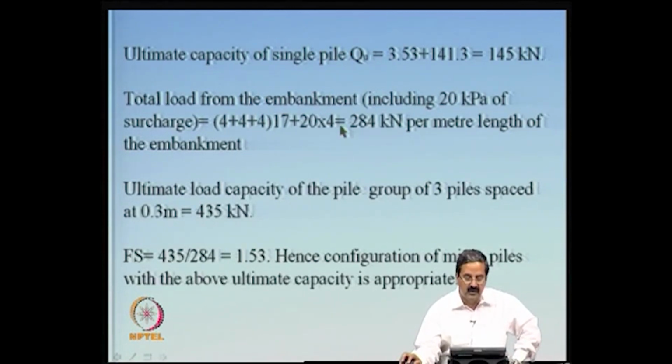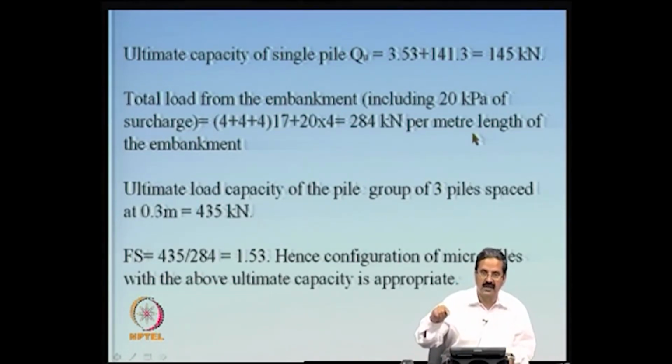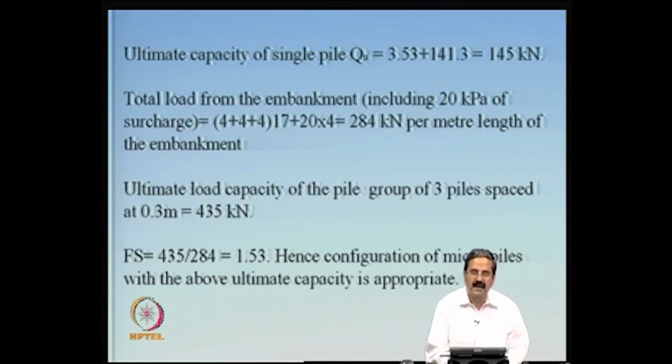So, I calculate and 284 kilonewton will be the load per meter length of the embankment. Actually, I am not using any load distribution factor here, I am just assuming 20 kPa working on that, and then it has a side slope. I am just calculating the total load that is coming on the base of the embankment. Say for example, the height of the embankment is 4 meters.